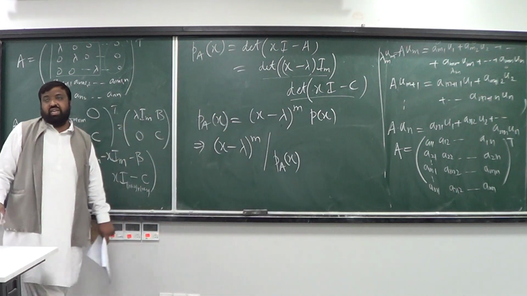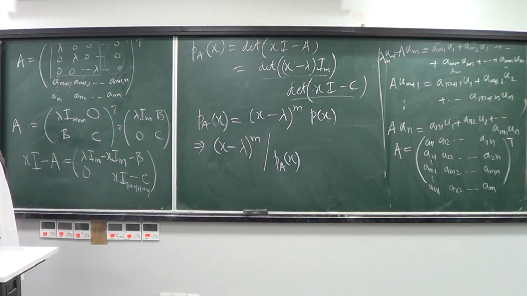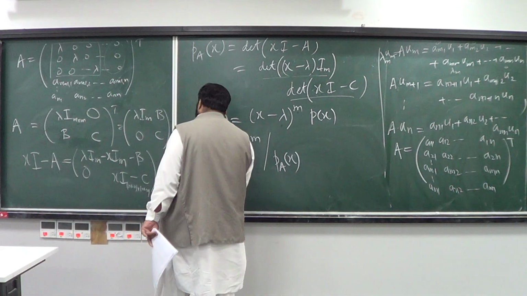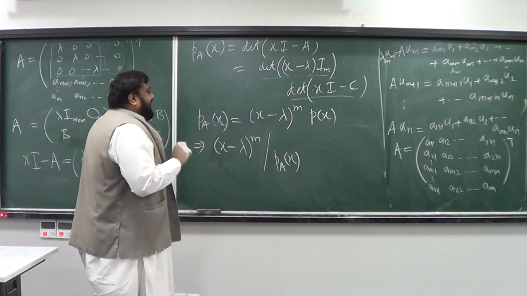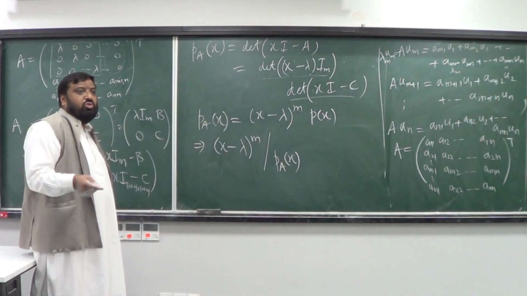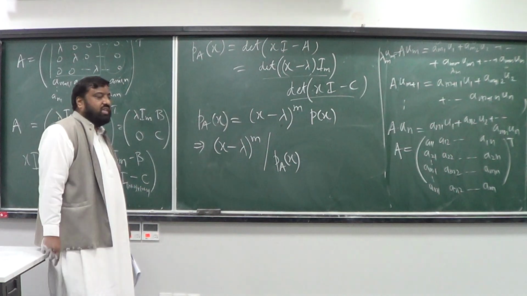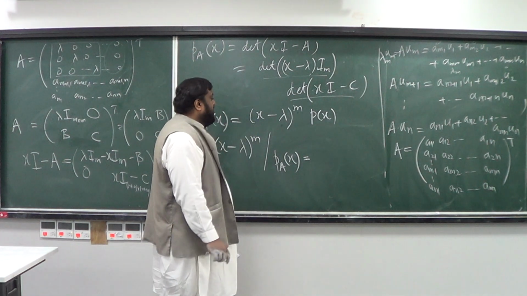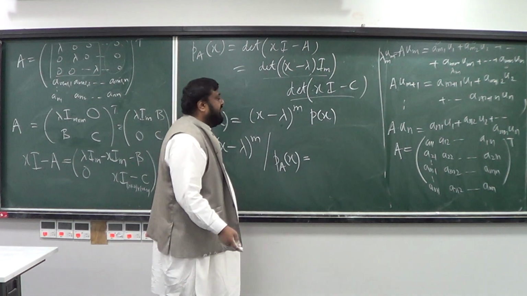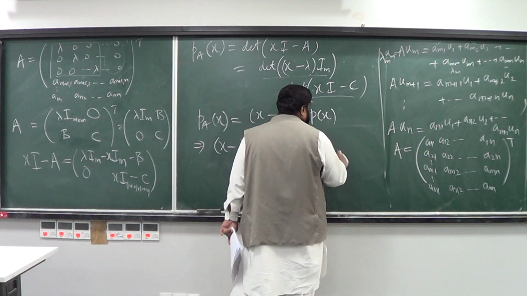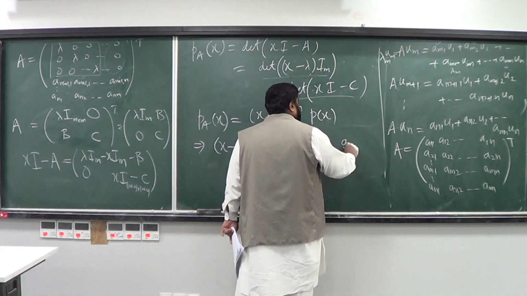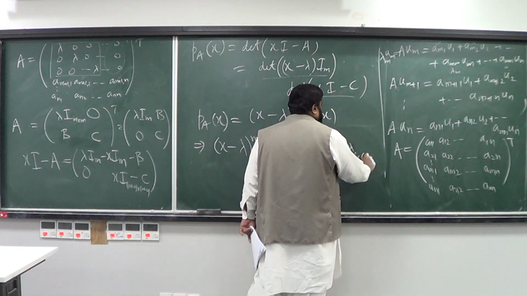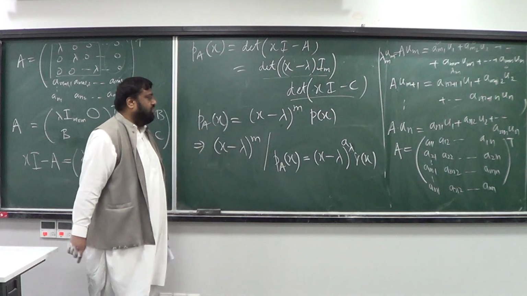It divides the characteristic polynomial of A. And by the way, lambda also has some algebraic multiplicity. How does that algebraic multiplicity appear in the term? It appears as (x minus lambda) to the power of the algebraic multiplicity a of lambda, times q of x.